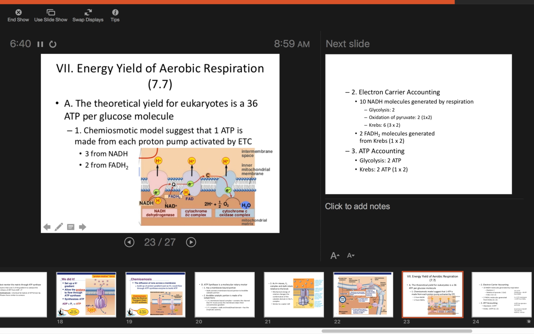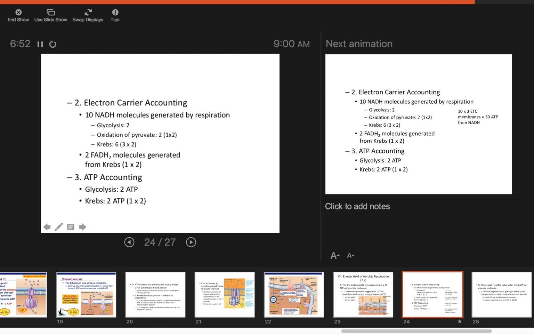So looking at the theoretical yield of eukaryotes, it's around 36 ATP per glucose molecule. This is kind of the math portion of it. They break it down due to electron carrier accounting. So you generate 10 NADH overall: 2 from glycolysis, 2 from the oxidation of pyruvate, 6 in the Krebs cycle, and then you also get the 2 FADH2 from the Krebs.